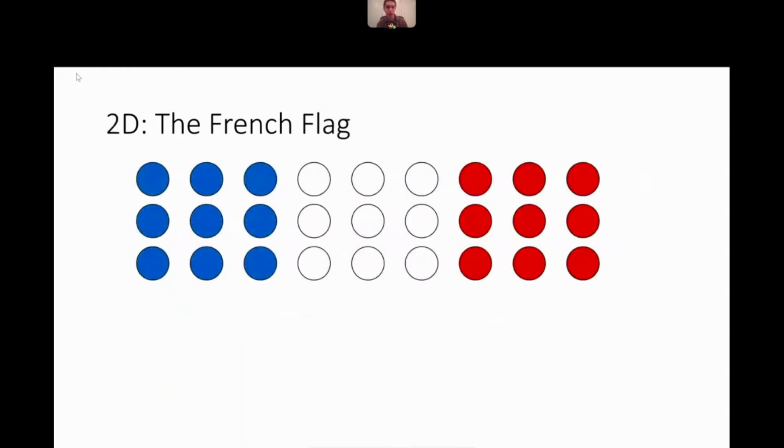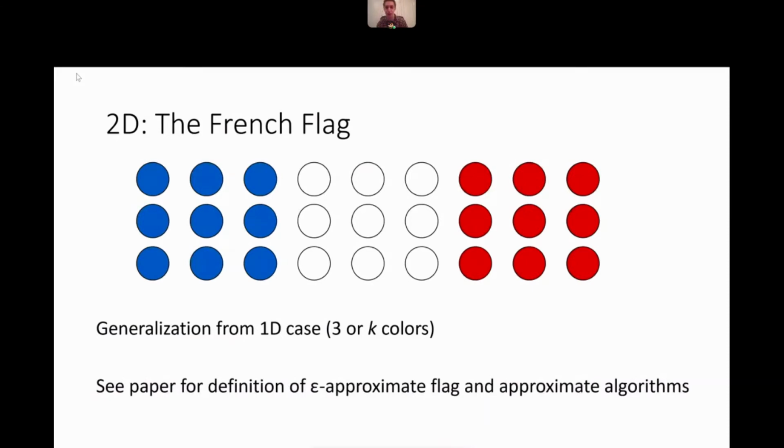The French flag is simply the 2D version of this, and in the paper we also discuss approximate flags. These are flags with bands that are not exactly equal in size, and you can check out the paper for those, but I won't be discussing those much in this talk.